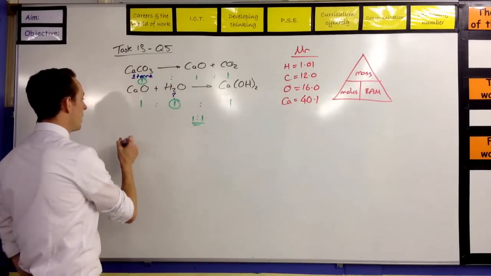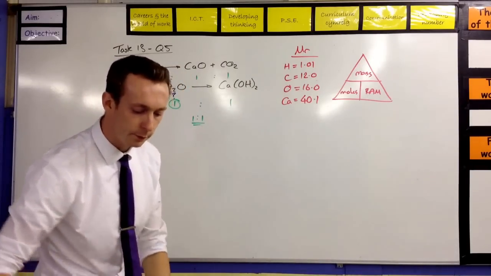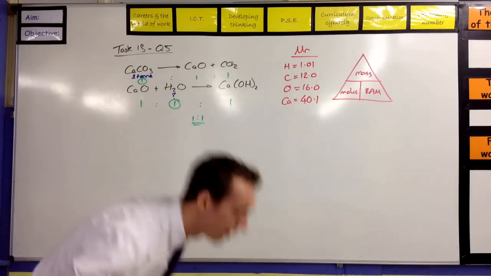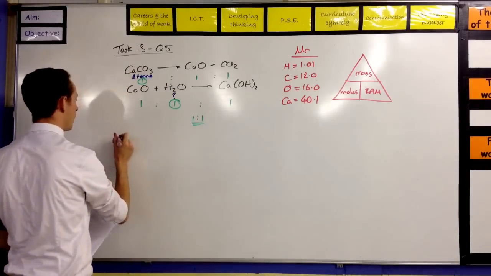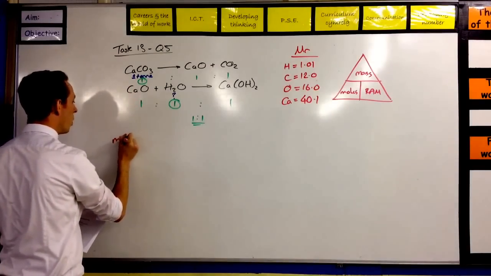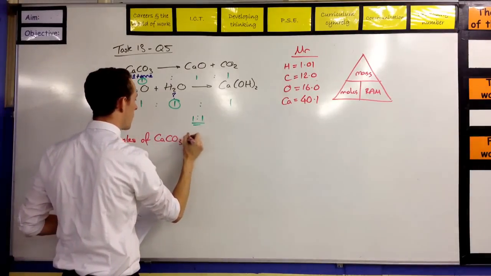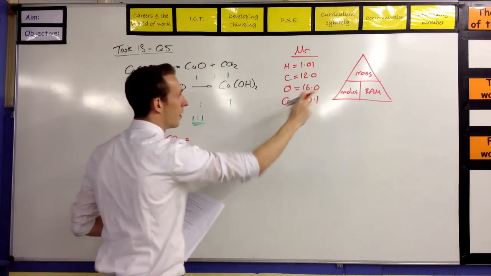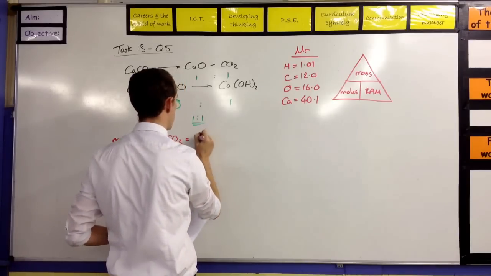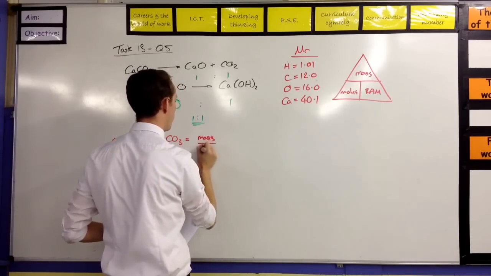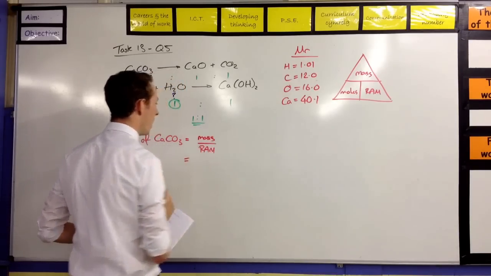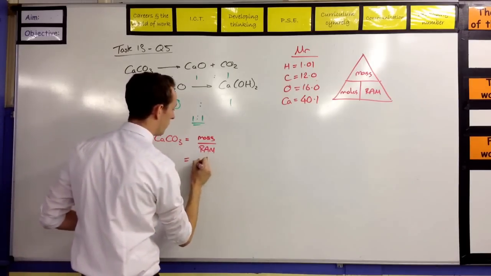In this case, we're looking for the moles of calcium carbonate. That is going to be equal to the mass divided by the relative atomic mass, so the mass over RAM. And we know that the mass is 1 ton. There's my ton.